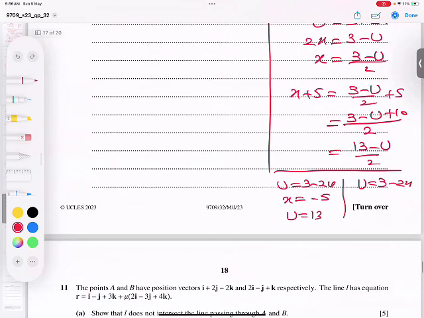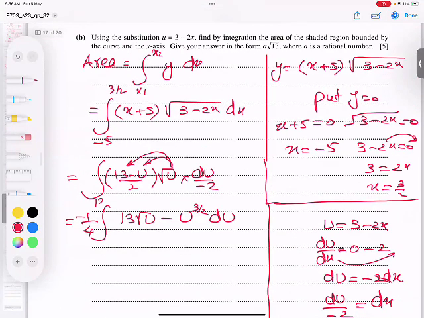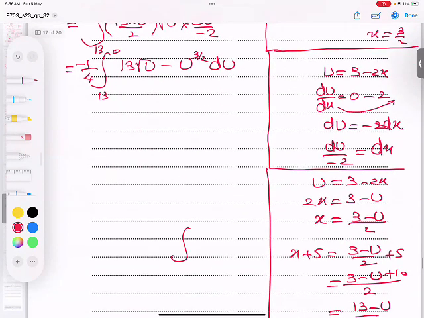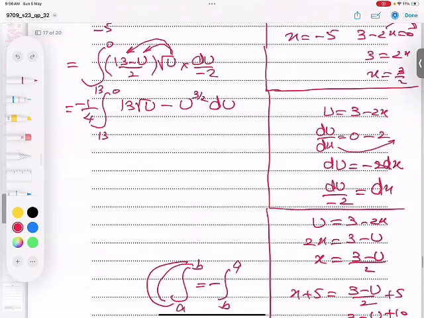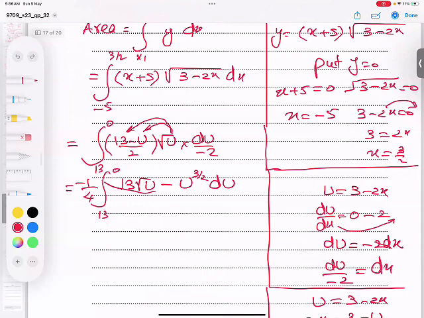When I plug in 3 by 2 here, u becomes 0. So 13 down and 0 up. You know, students, whenever I change the values a and b, if b is down and a is up, if I change the positions of these values, I will automatically get a negative sign. It means when I change the 0 and 13, this minus will become plus. So I am changing and saving my time.